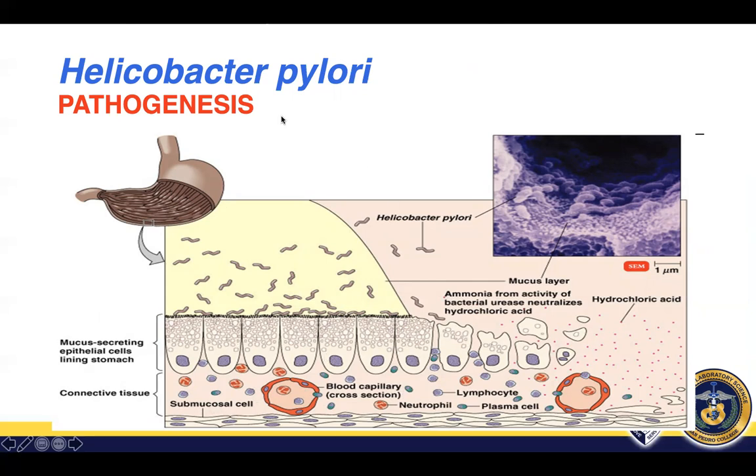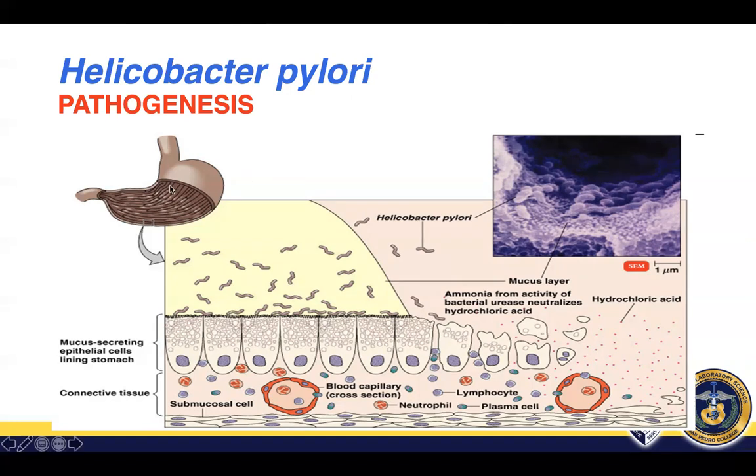This organism is known to be the agent of antral gastritis, duodenal ulcers, peptic ulcers, and gastric ulcers, and it has also been implicated in gastric adenocarcinoma. It grows best at pH 6 to 7. It cannot actually survive the acidic pH of the gastric lumen, so it burrows itself into the folds of the stomach wall.